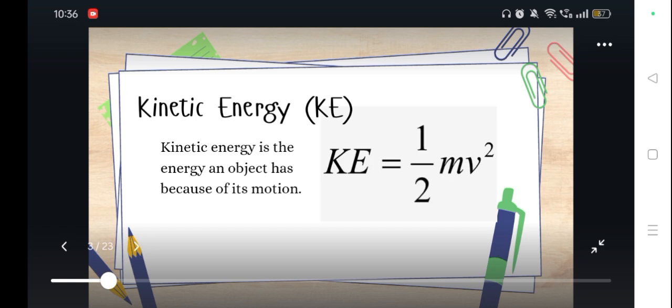Kinetic energy, or KE, is equal to 1/2 mv squared. That means mass is being multiplied by the square of the velocity, and the product will be divided by 2. So these are the two quantities that affect kinetic energy. It is the mass and the velocity.